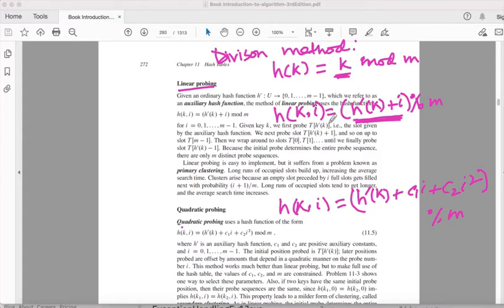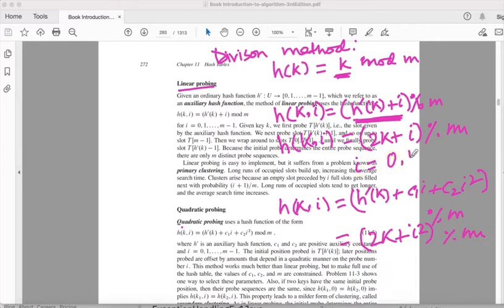For instance, in a simple method, we can say h of k, i equal to (2k plus i) mod n, and here we can say equal to (2k plus i) squared mod n, and the i value will be 0 to m minus 1. It cannot reach m.